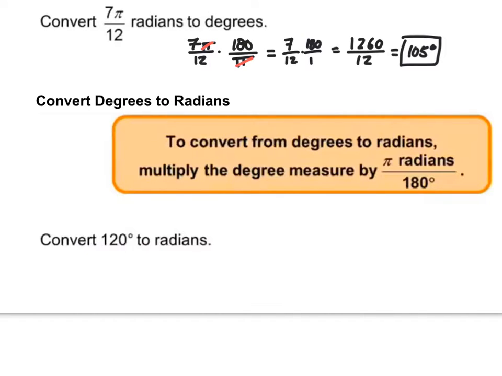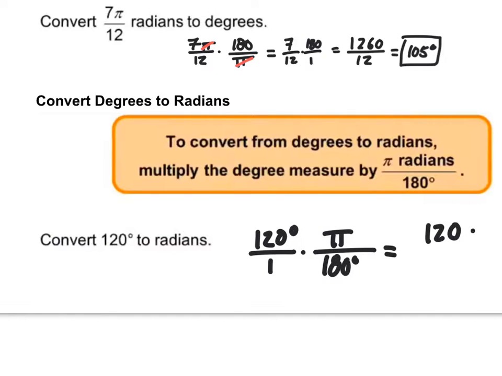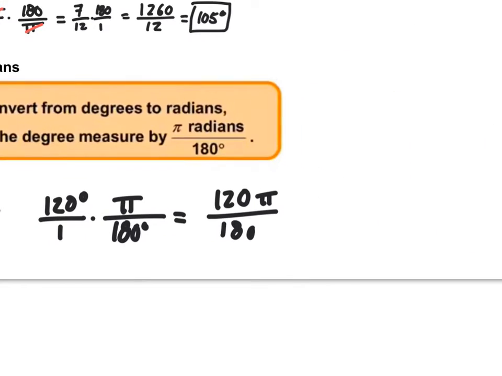Take your degree measure, which is 120, and do 120 degrees divided by 1 times pi over 180 degrees. When you do those two, you're going to get 120 pi over 180. I just want to simplify 120 over 180, and you can think of this as 12 pi over 18.